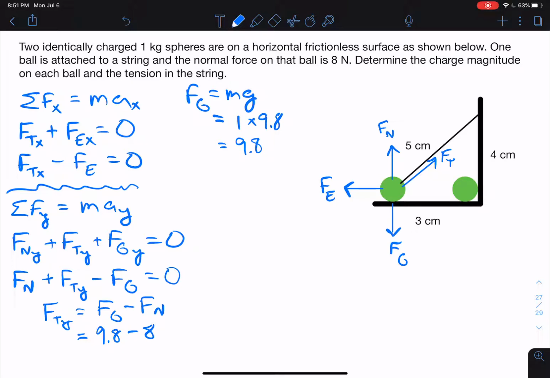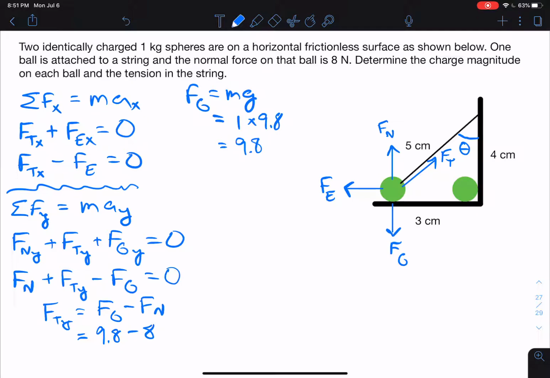And I'm going to do a little vector analysis here for my F_ty. The y component, so if I am interested in this angle, I'll use this angle here. I'm going to call that theta.